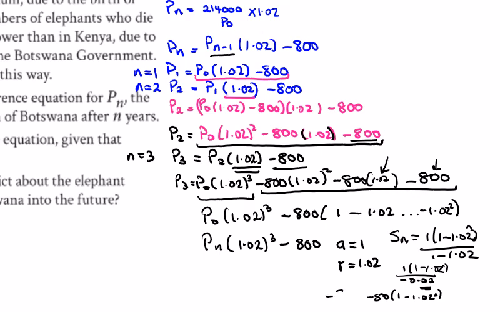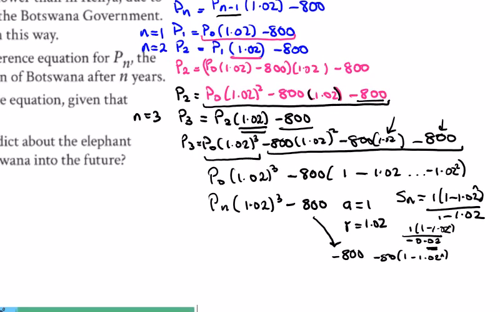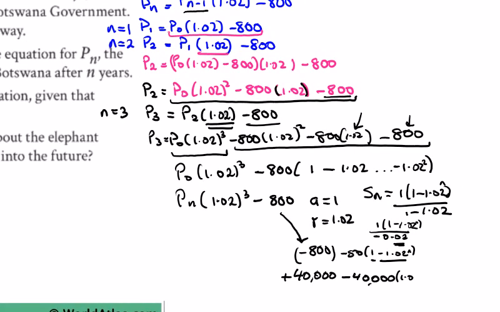And we're also going to have the minus 800 in front, so that's going to give minus 800 by minus 50 is 40,000. It's going to be a plus with the two zeros, and that will be in front of this bracket, so times 1, and then times minus 40,000 times 1.02 to the power of n, minus 40,000 by 1.02 to the power of n.